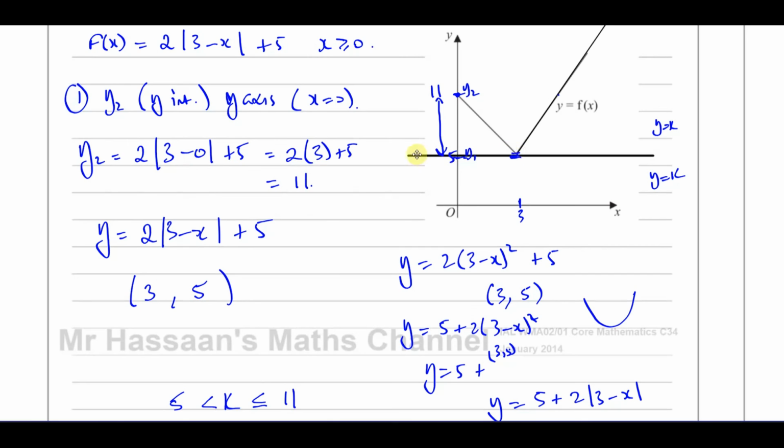It's not 2 points. Here we have 2 points. As you can see, we have 1 point here and 1 point there. 2 distinct points. But at 5, there's actually just 1 point. So just slightly above 5, we're going to have 2 points until 11. If you go above 11, straight away there's only one root after that. So that's how we can understand how to write the answer.